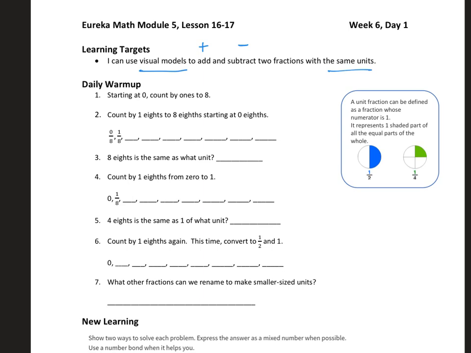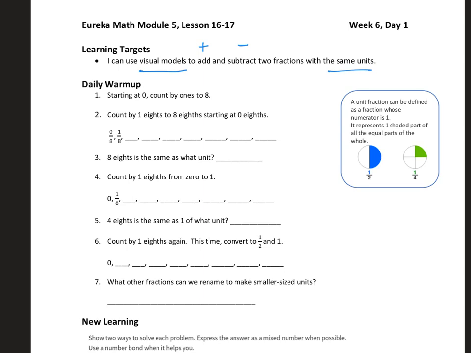Okay, so for our daily warm-up, we're going to start at 0 and count by 1s to 8. Okay, so 0, 1, 2, 3, 4, 5, 6, 7, 8. All right, for number 2, it says count by 1/8 to 8/8, starting at 0/8.